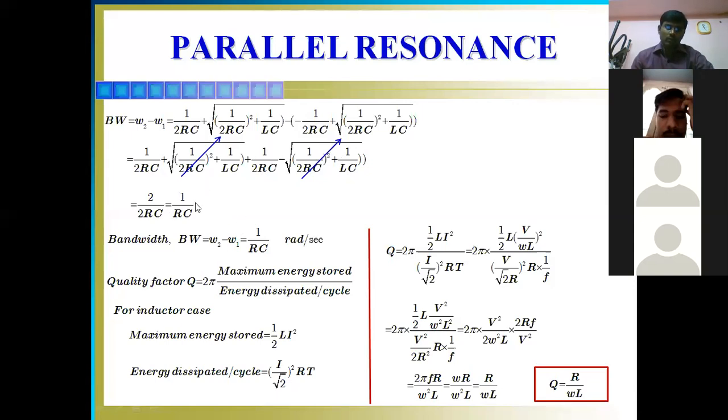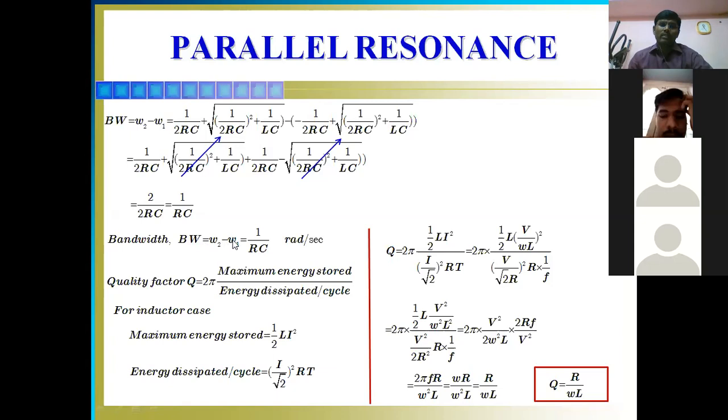So therefore, bandwidth is equal to W2 minus W1, which is equal to 1 by RC radians per second. If you want to calculate it in terms of hertz, just substitute 2 pi f. Omega 2 minus omega 1 is 2 pi f.